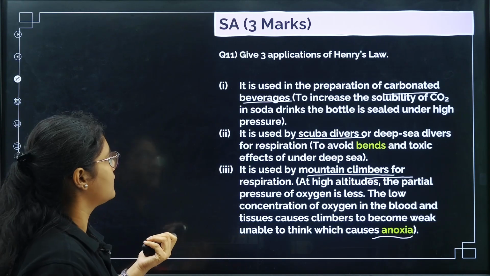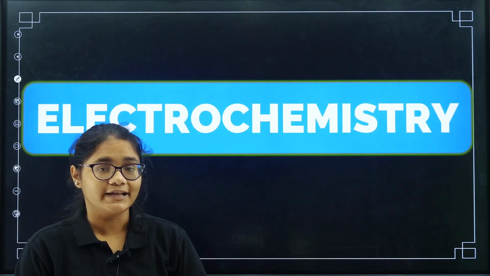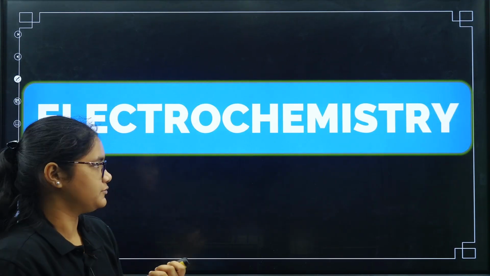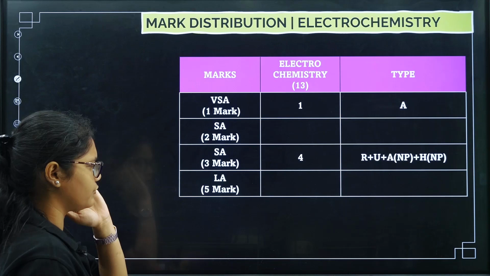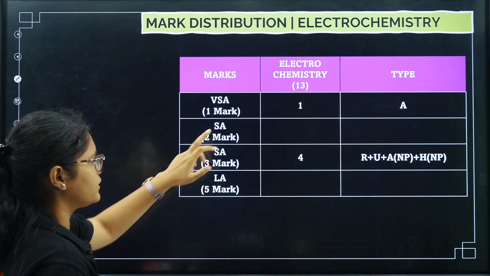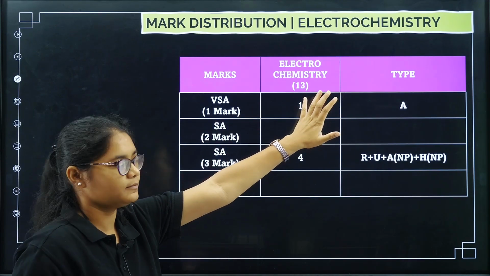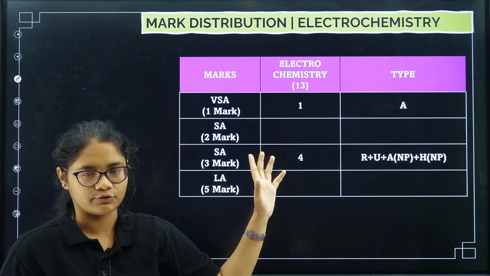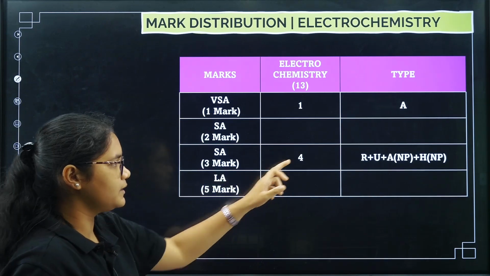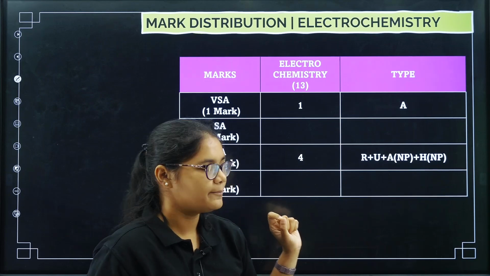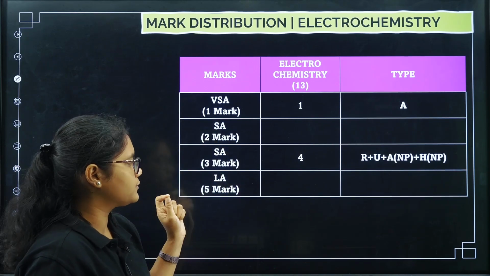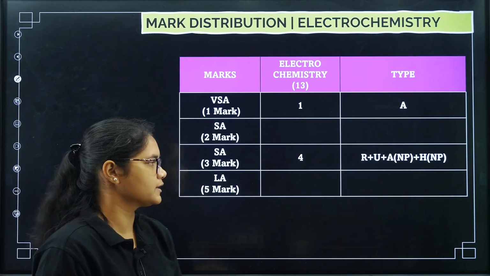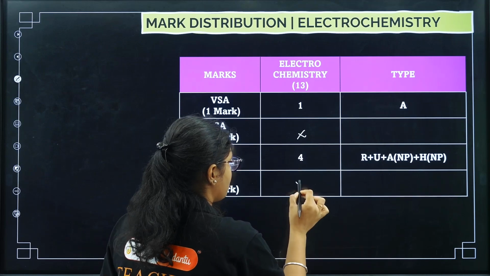Okay, fine. Now we'll go to the second chapter, that is electrochemistry. Here we have a total of 13 marks from this chapter. There will be only 1 MCQ from this chapter, and that will be an application based MCQ. In short answer questions, there is no 2 marker and no 5 marker here.